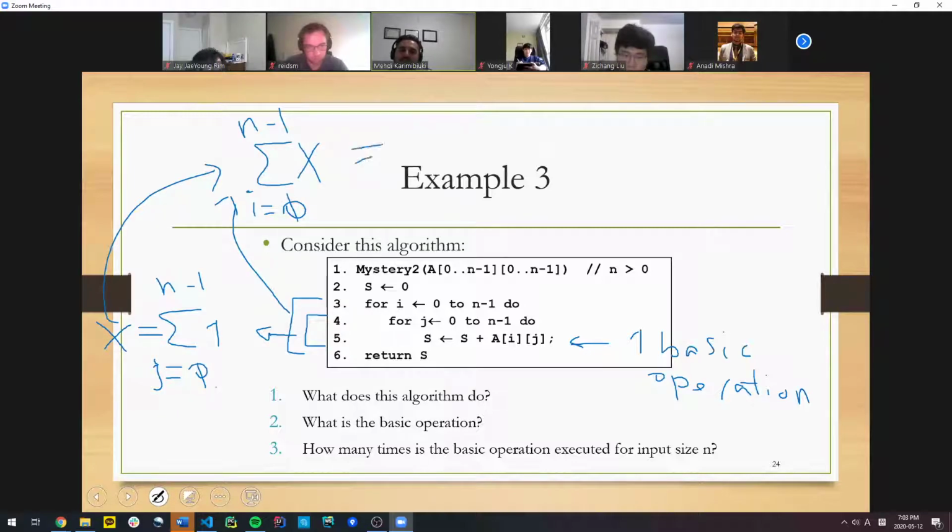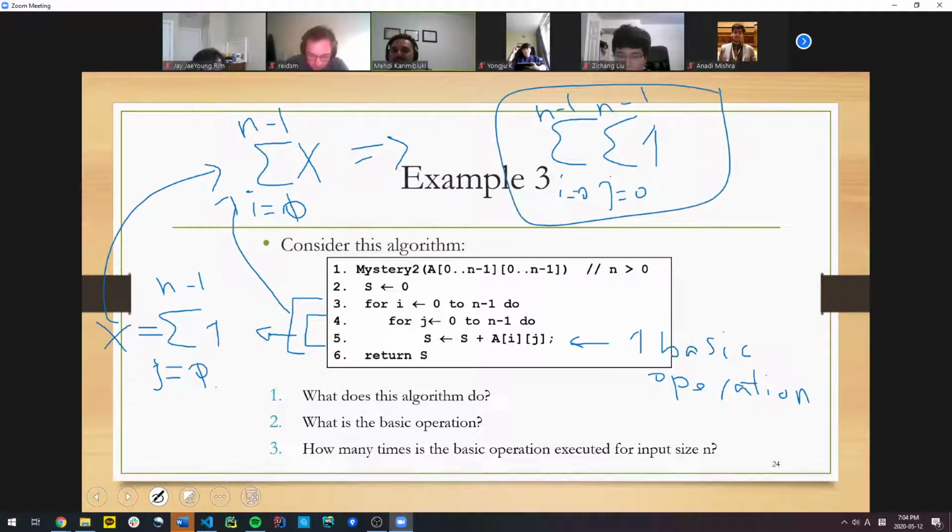So essentially I end up with 2 sigmas of 1, j equal to 0 to n minus 1, i equal to 0 to n minus 1. That's the resulting execution time for this algorithm. We call this C of n.